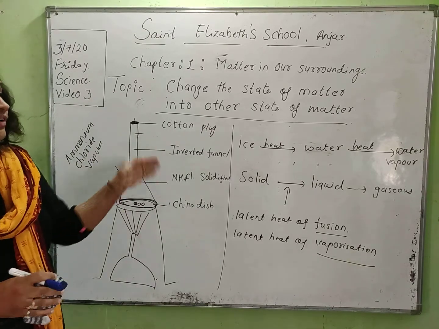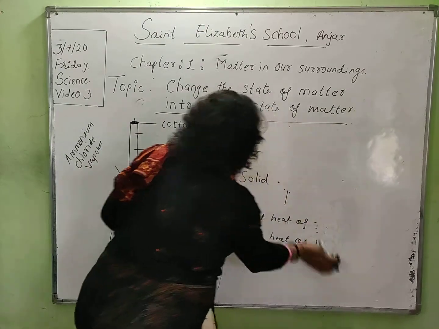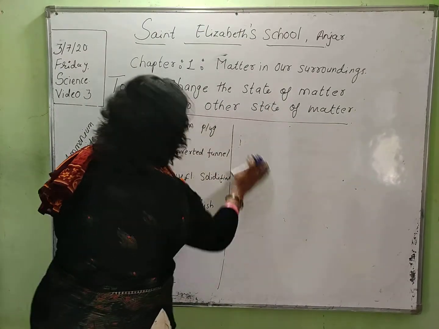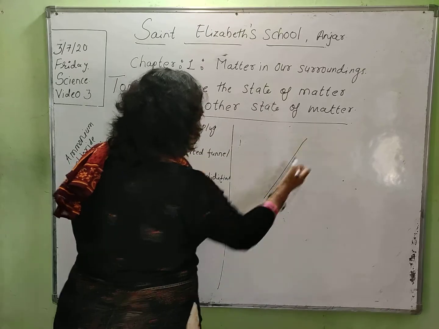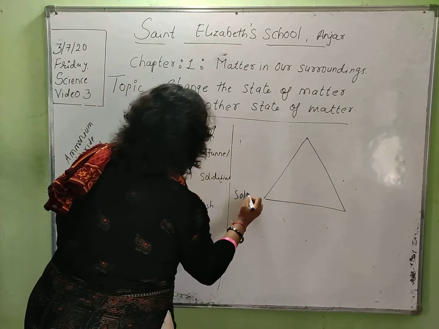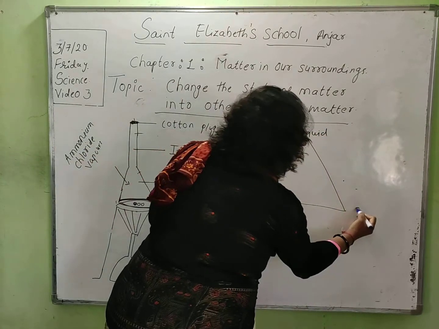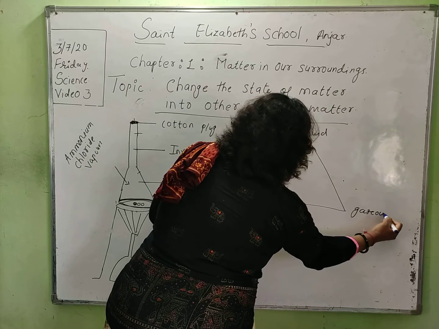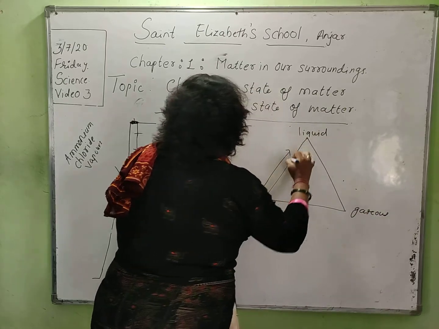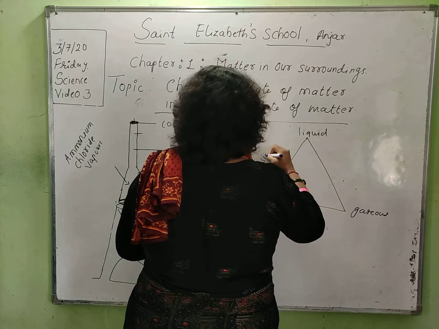Now we'll make one triangle. In that we'll understand what you get when you increase the temperature. So we can make this type of diagram: solid, liquid and gaseous form. When you increase the temperature, solid converts into liquid, and the process is known as fusion.